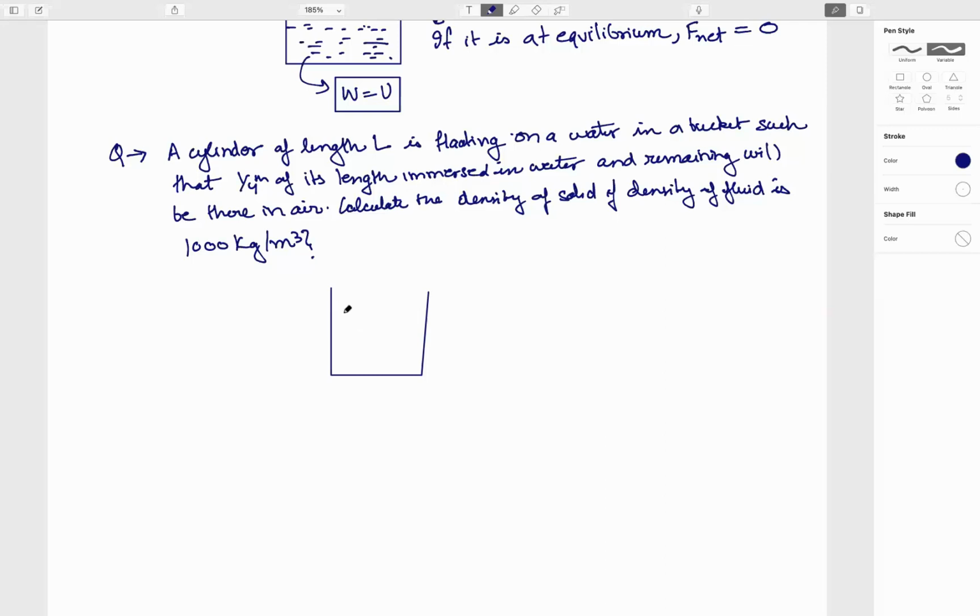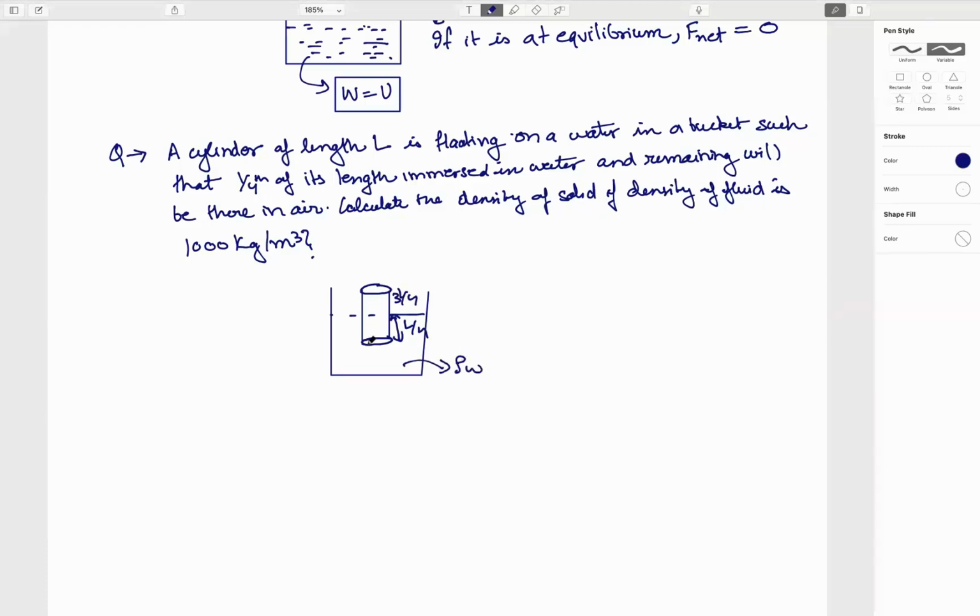So there is water. This is the cylinder. L by 4 is immersed, that is given, and the remaining 3L by 4 is in air.